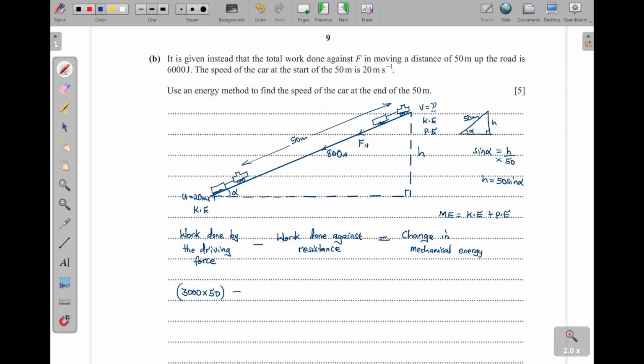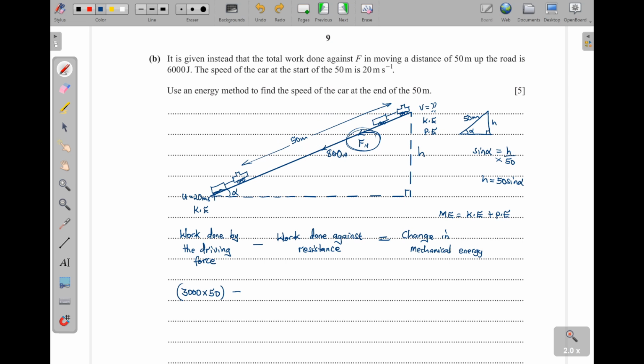By the way, they said it is given that the total work done against F in moving a distance of this is 6,000 joules. So for only F, when you get F times the 50, you are getting the 6,000.